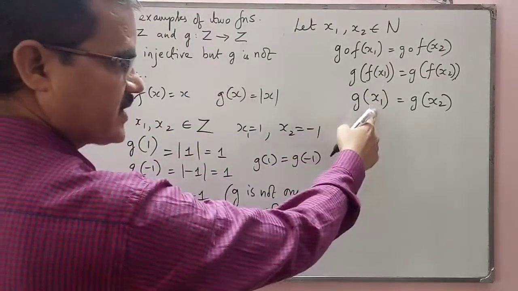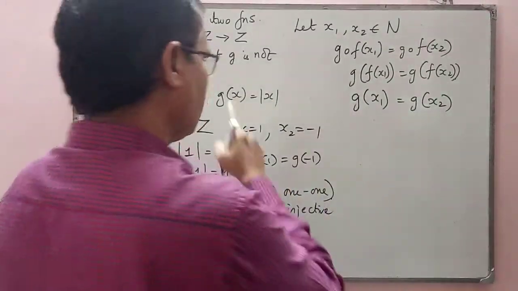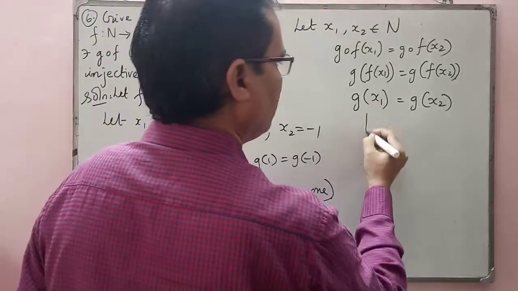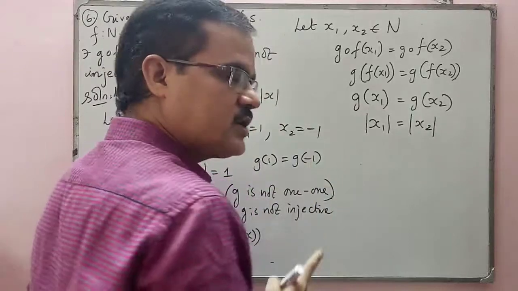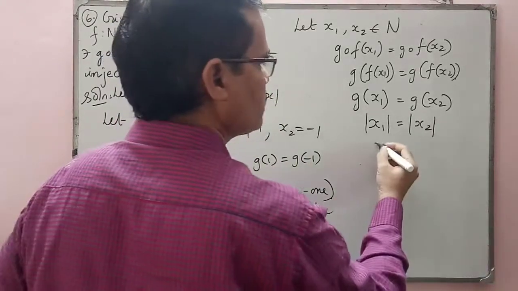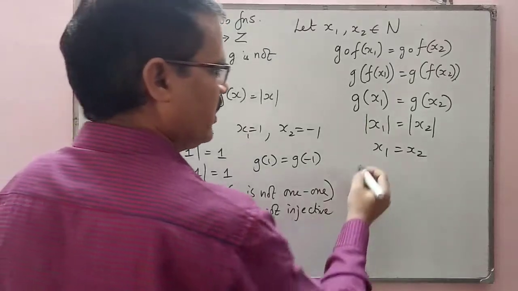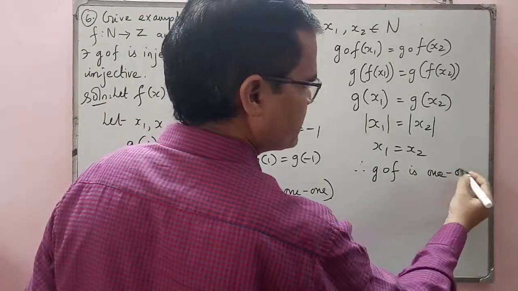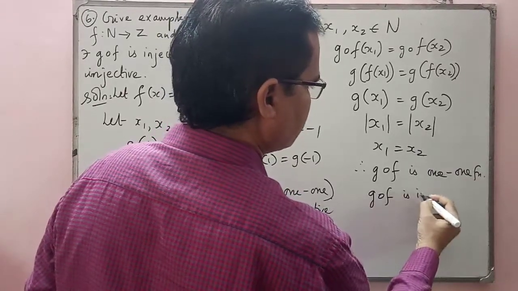So f of x1 is x1, f of x2 is x2. So g of x1 equal to g of x2. What is g of x now? g of x is modulus of x. So modulus of x1 equal to modulus of x2. What does modulus do? It will change everything to positive. So x1 is equal to x2, both are positive numbers. Therefore, gof is a 1-to-1 function. This is for your understanding I am writing. Therefore, gof is an injective function.